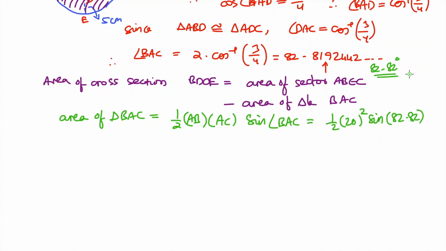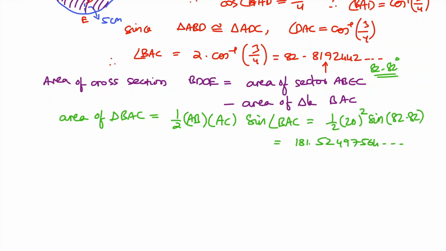Now what is the area of this triangle? Half into 20 square into sine 82.82. If you calculate the value, it will turn out to be 181.52497564 and so on. Okay, so this is the area of the triangle.